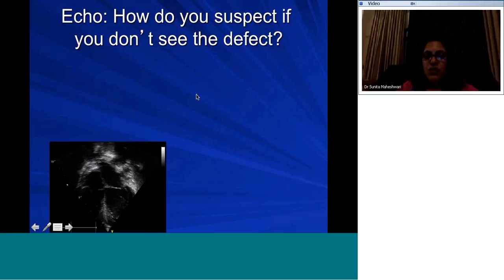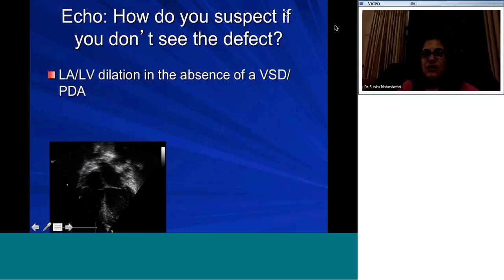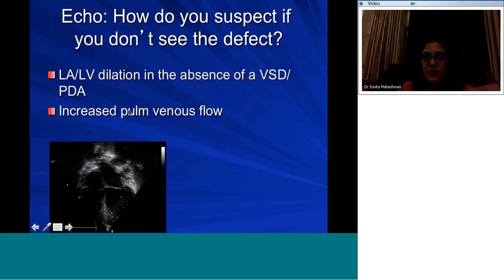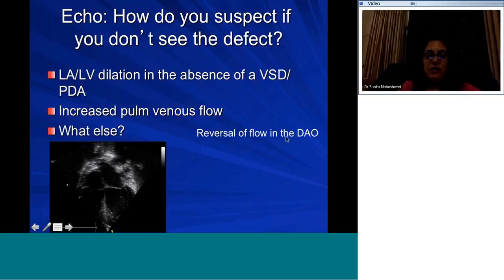Reversal of flow. So you'll have LA, LV dilation in the absence of a VSD or PDA. You'll also get increased pulmonary venous return, right? Because the same thing that causes your MDM, all that flow going to the lung, coming back, increased pulmonary venous flow, and yes, reversal of flow in the descending aorta is a clue to AP window.